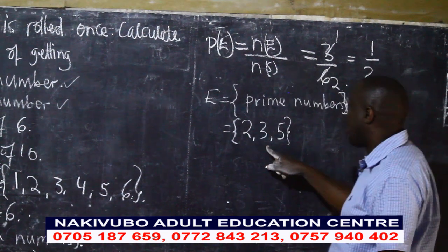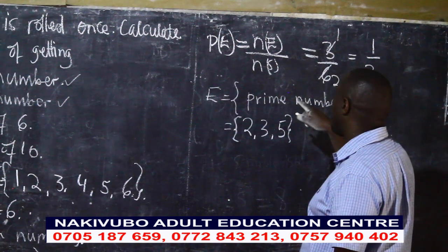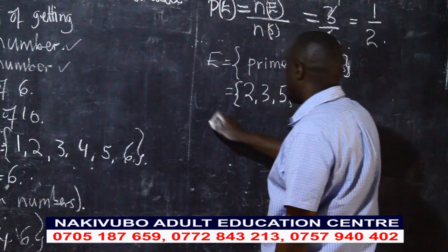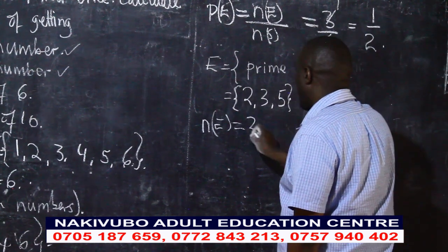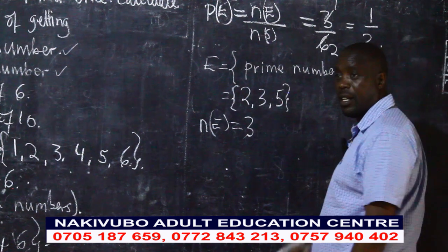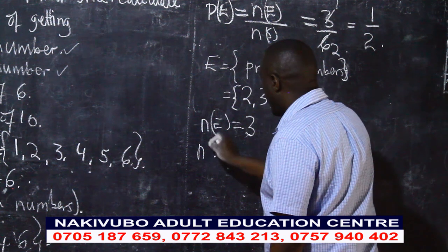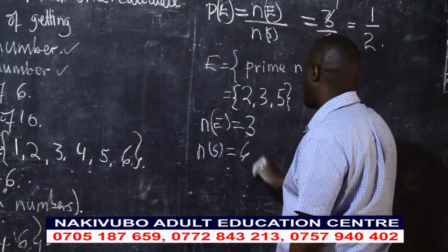Okay, can we come back here now? The event is prime numbers. The prime numbers in that set are 2, 3, and 5. So NE, in this case, is 3. NS, the sample space, is 6.